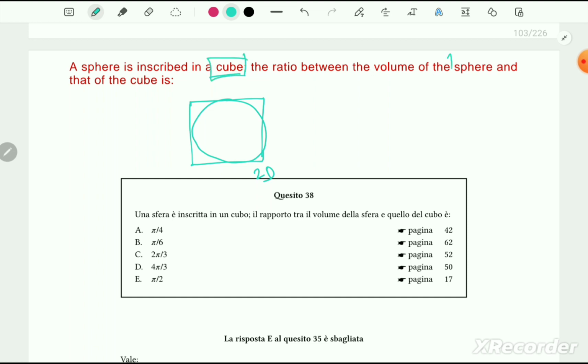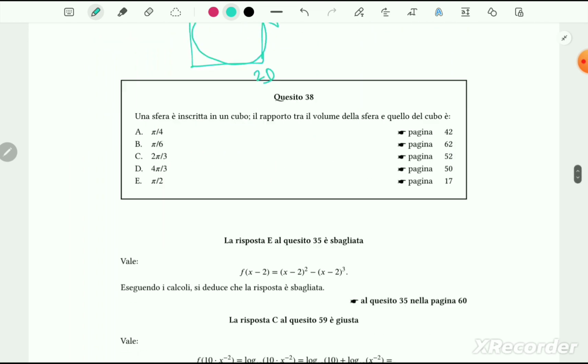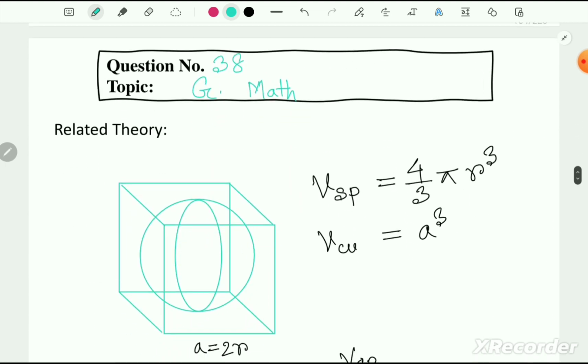They talk about a cube and a sphere, and we have to find the ratio of volume. The understanding is the same.